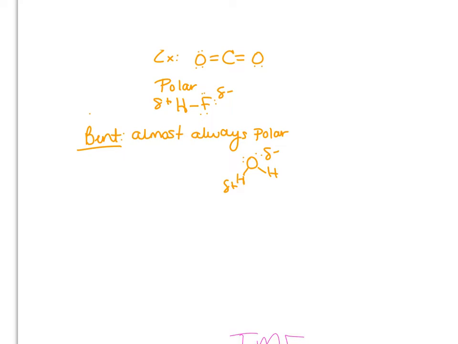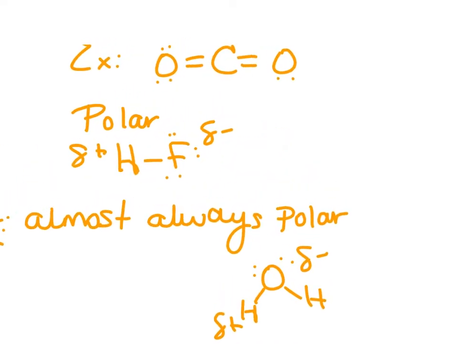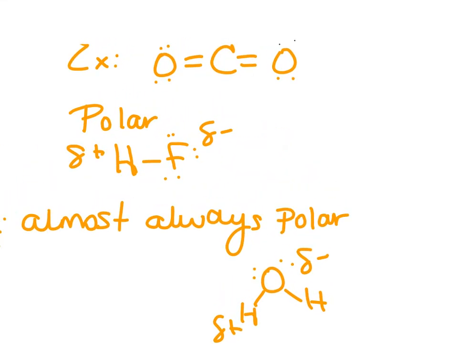You have an even sharing of the electrons of carbon from the 2 oxygens because they're both the same element. I had to add those unshared pairs that got cut off. But you'll see for this, if you have the same elements on either side of your central atom, it's going to be nonpolar. So it's like an even tug of war between the two because they're both the same element, so they have the same electronegativity. Because this is nonpolar, CO2 would have London dispersion in terms of its leading IMF.